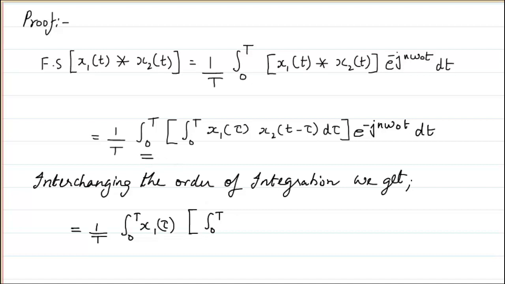So again 0 to T inside, and then the remaining portion is x2 of t minus tau, e raised to power minus j n omega naught t dt, and then d tau is outside. So we have changed the order of integration.